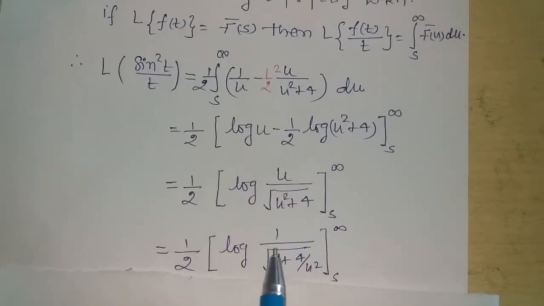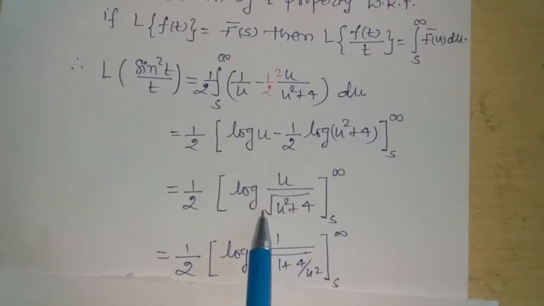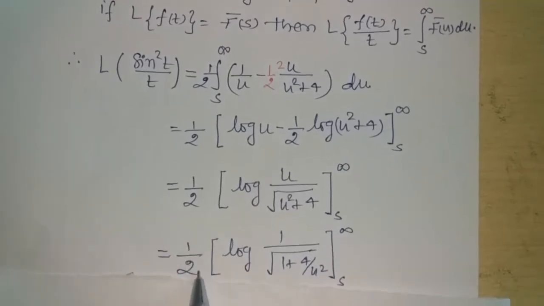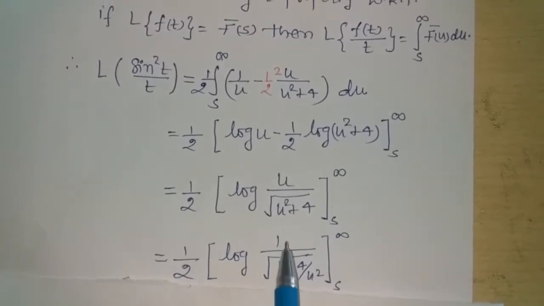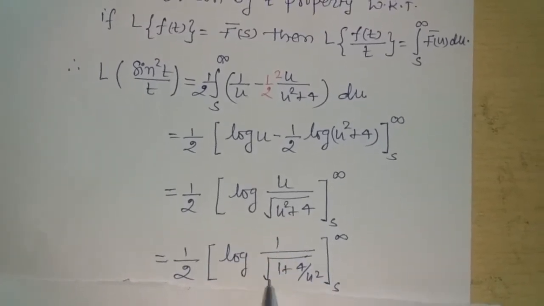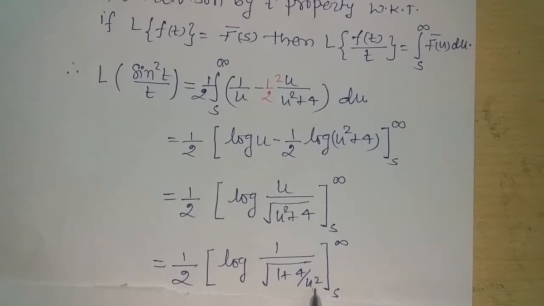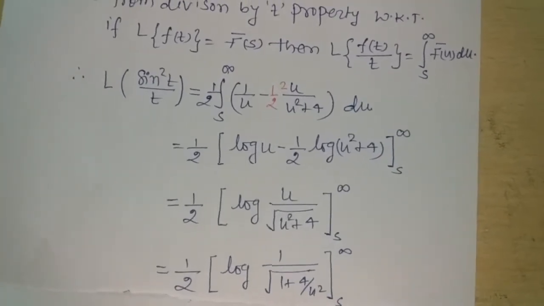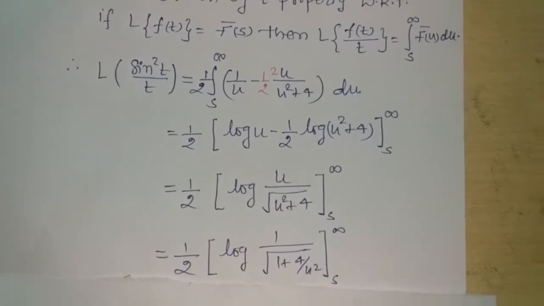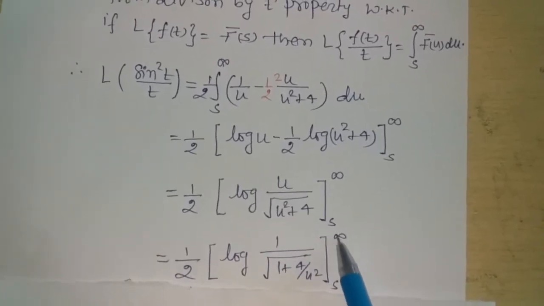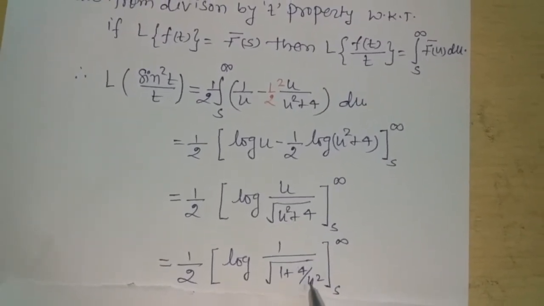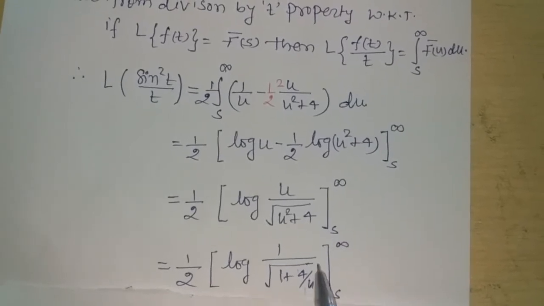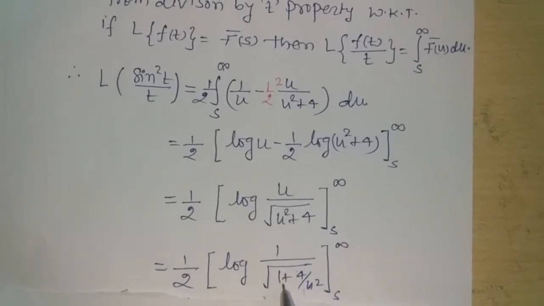So after taking u square common from the denominator, we get 1 by 2 log of 1 upon square root of 1 plus 4 by u square, s to infinity limit of integration. Now we put upper limit u equal to infinity, gives 4 by infinity 0, 0 plus 1 is 1, square root of 1 is 1, and then 1 by 1 is 1.